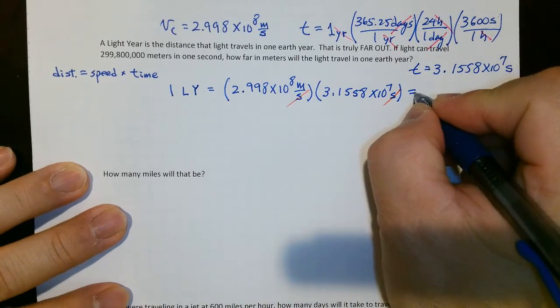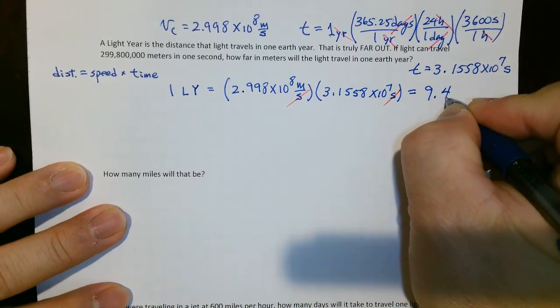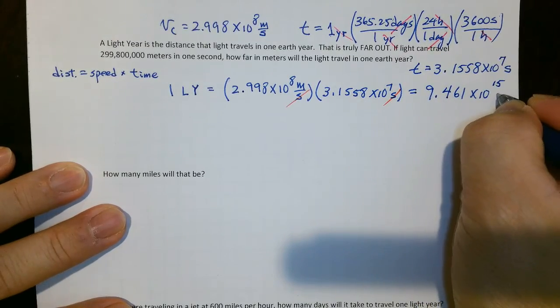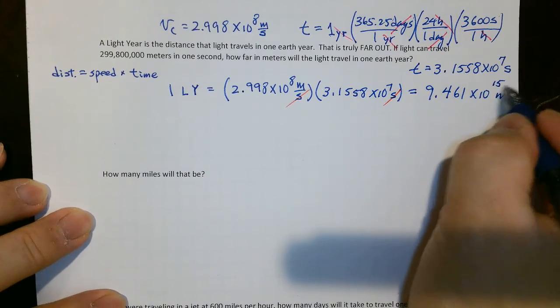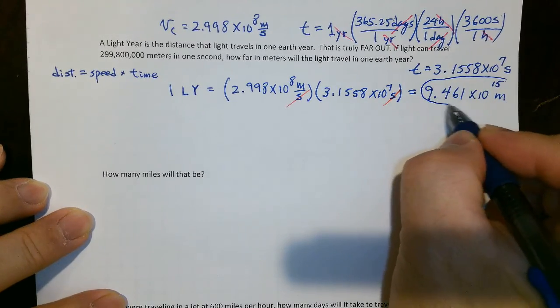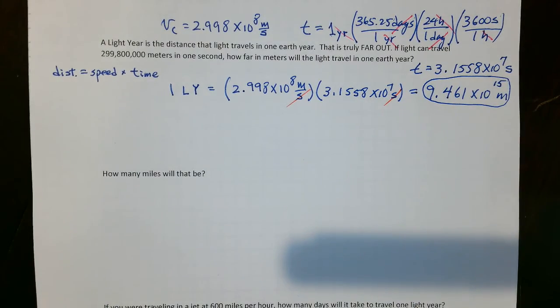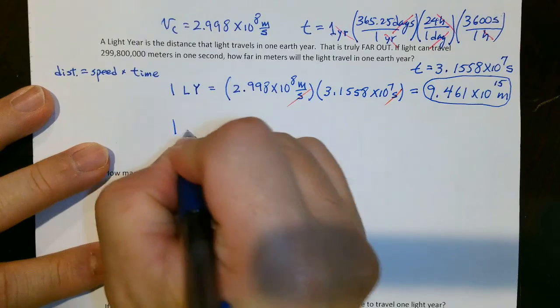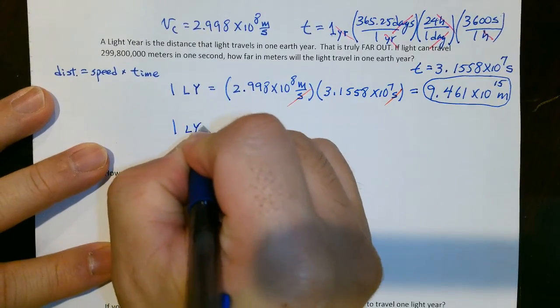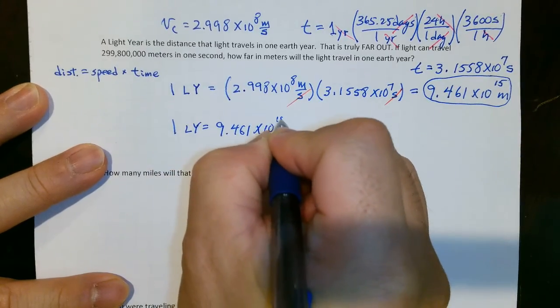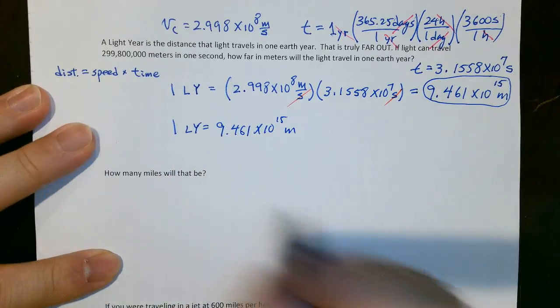And this comes out to 9.461 times 10 to the 15th meters. Now that's a lot of meters. It's like 9.5 with like 15 zeros, right? So 1 light year is equal to 9.461 times 10 to the 15th meters.